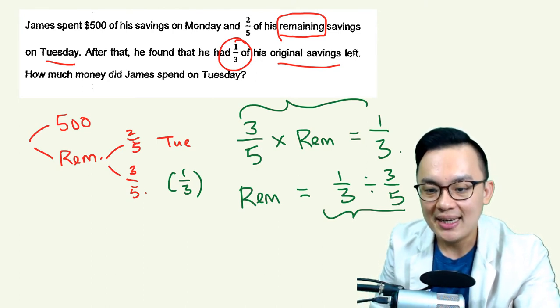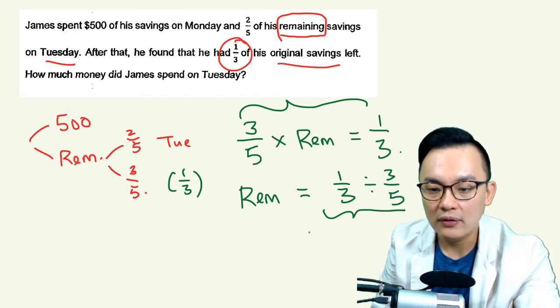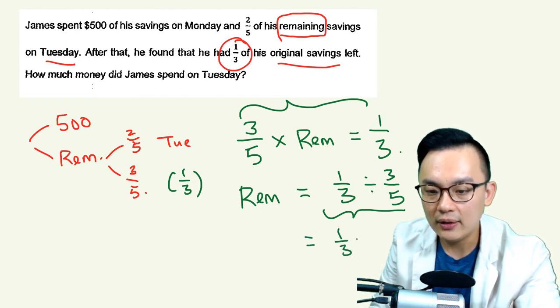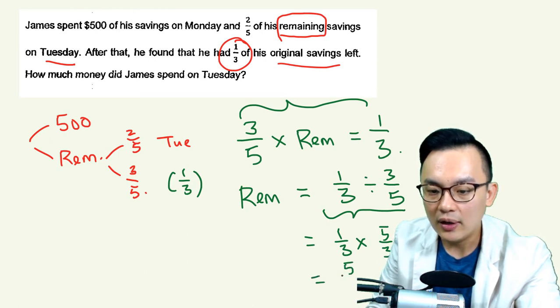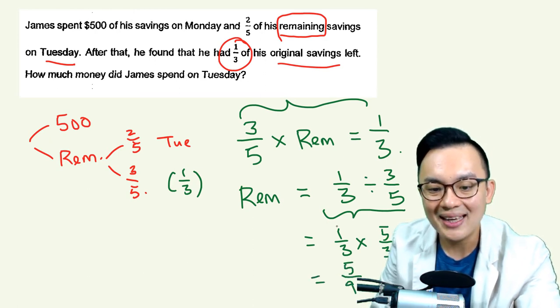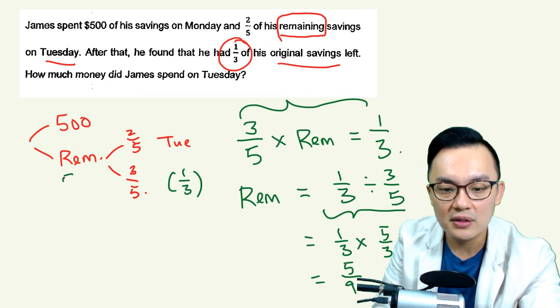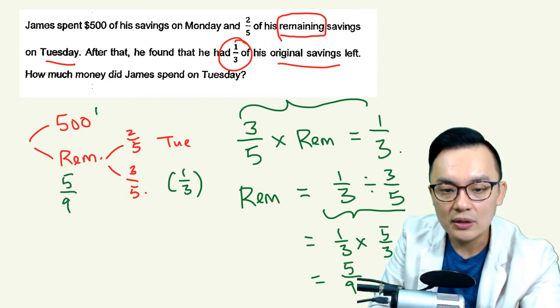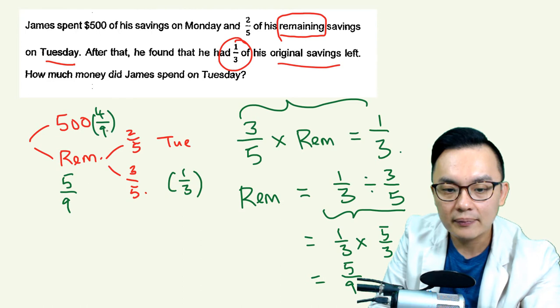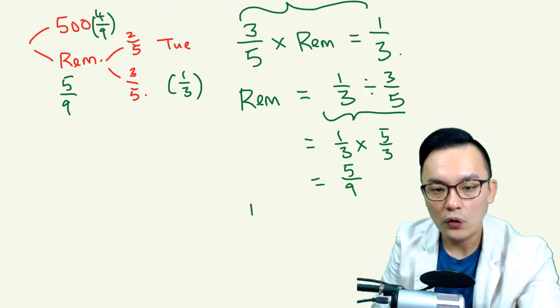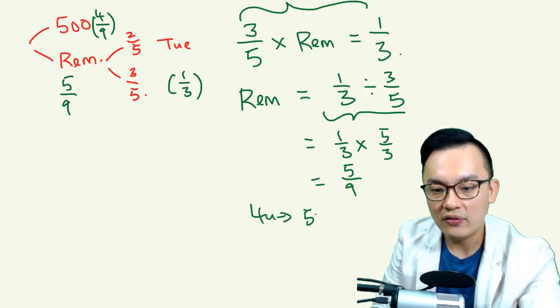Make sure they understand that it's divided by 3/5, and then you have 1/3 times 5/3, and you get 5/9. So your remaining is actually 5/9. If this is 5/9, this will be 4/9. Therefore your 4 units is 500, and 1 unit is 125.